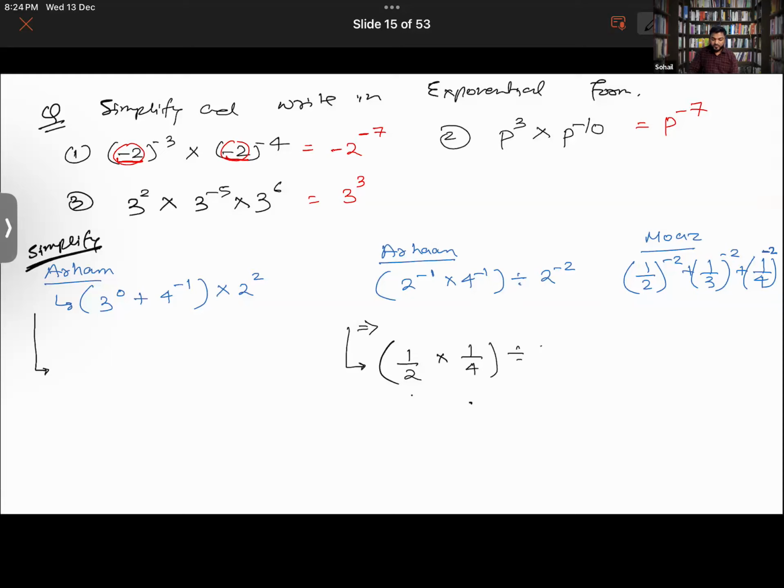It is in division. Let's keep it in division so that you don't get confused. 1/2 raised to the power 2. Now it would be 1/8.